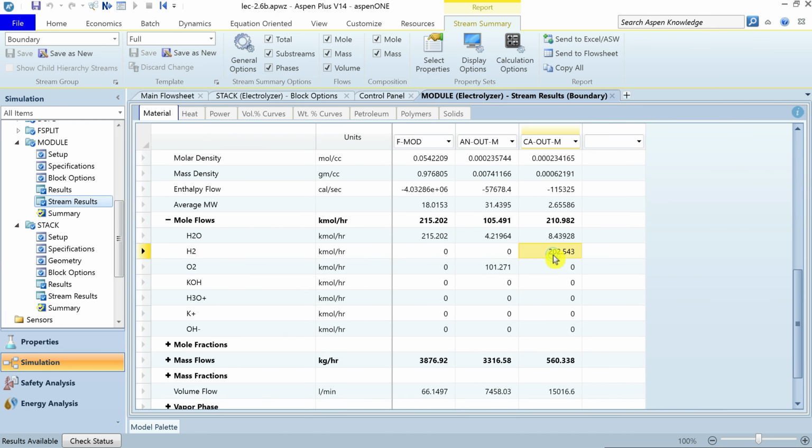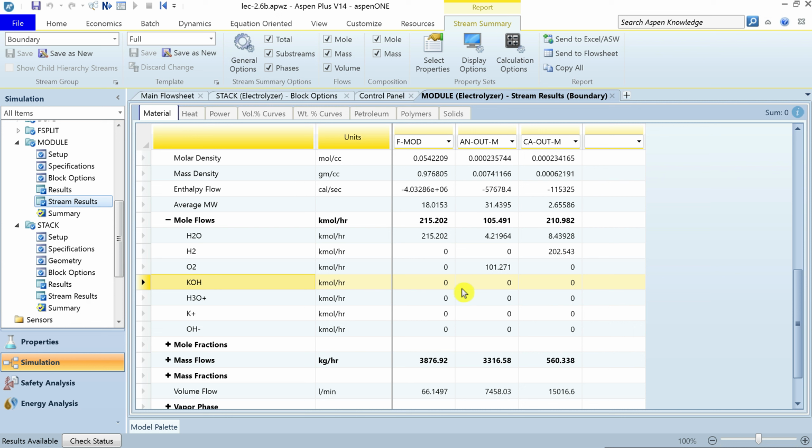Here you can notice that besides hydrogen and oxygen in the cathode and anode channels, the remaining 4% is met by the water entrainments, whereas no potassium hydroxide has been considered or calculated in the simulation. Although potassium hydroxide was defined in the feed streams, the module did not take it into consideration.